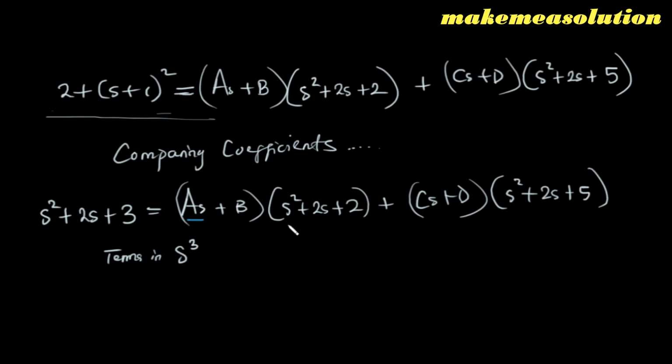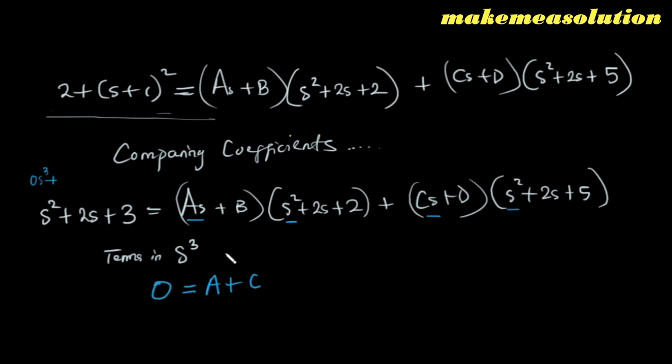So as multiplying this one will give you as cubed, right? cs multiplying this one gives you cs cubed. That is all. So in the right-hand side, the sum of terms in s cubed is actually a plus c, and on the left-hand side there is no s cubed. I can say 0s cubed. Is that okay? So a plus c on the right-hand side is equal to 0.